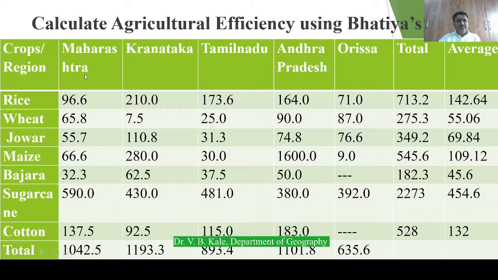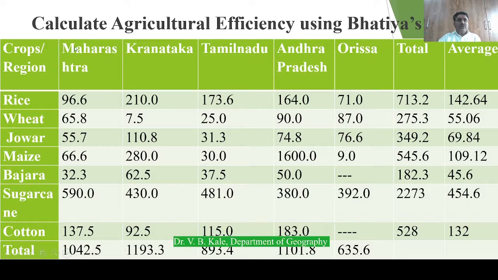Here simply one technique is used. Whatever crops are grown in Maharashtra are summed up over here. In the same way for Karnataka, Tamil Nadu, Andhra Pradesh, Orissa, the summation of all these crops.